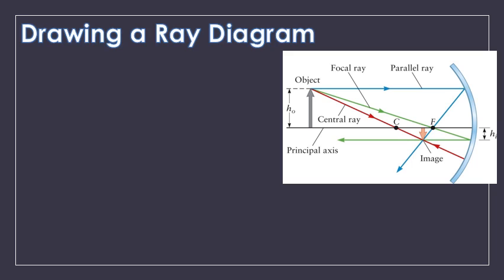So your book gives you this picture of drawing a ray diagram, and it has three rays. It has the parallel ray, the focal ray, and the central ray. These are just three of very many rays that you could draw, but because these particular points, the focus and the center, have some specific properties, we can use them to draw quickly.